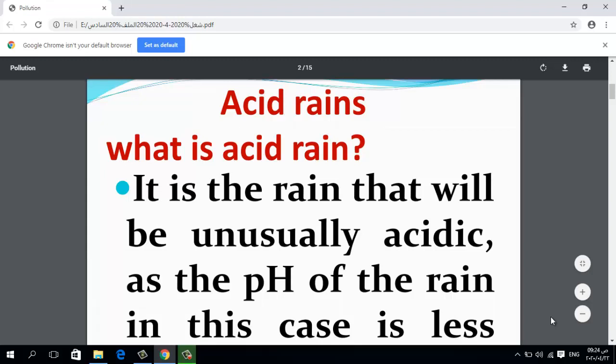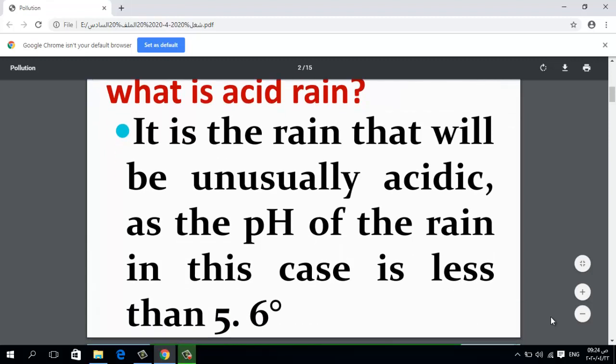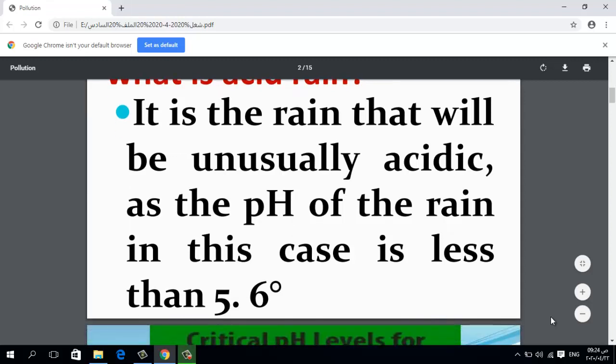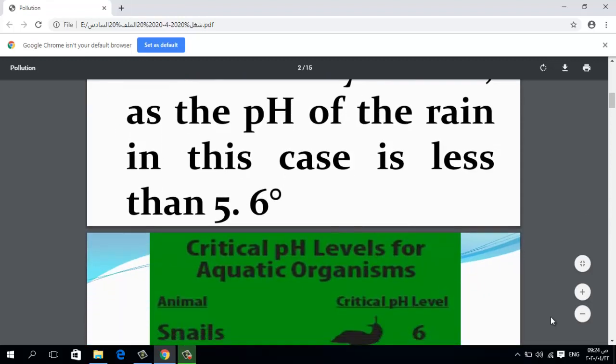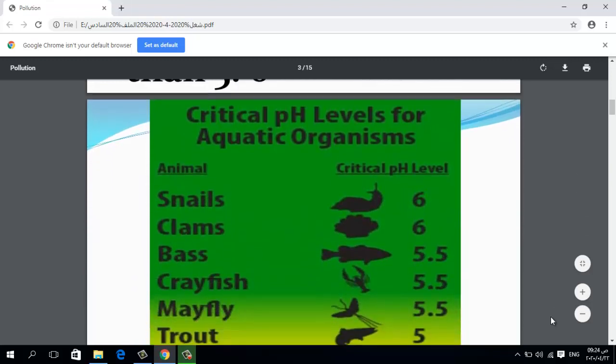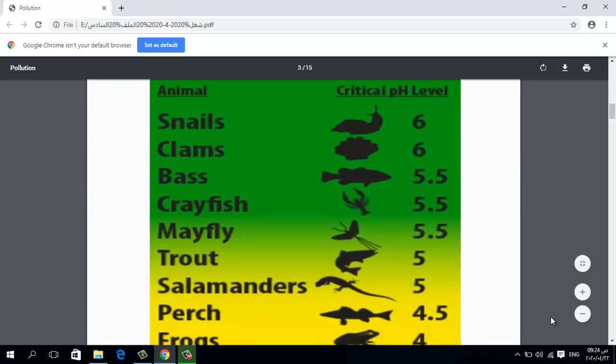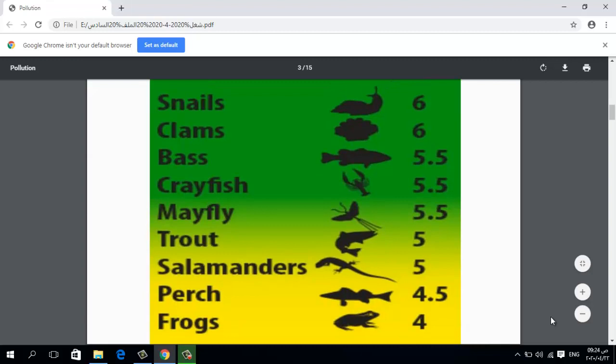So when can we say that the rain is acid? In case the pH of the water is 5.6, or even less than 5.6, it will be acid rain. Now I want you to check with me the many types of animals that can accept this pH, which should be 5.5, not more, not less.